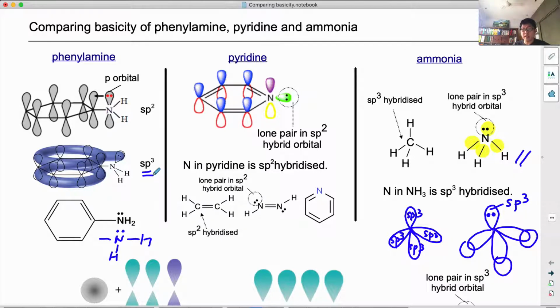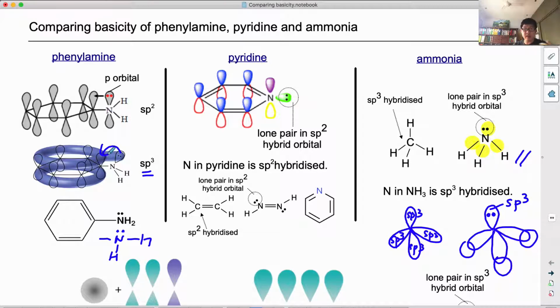In this drawing of phenylamine, you can see that the lone pair on nitrogen can delocalize into the benzene ring. But actually, because there's delocalization, this nitrogen is kind of smart: it can convert itself to an sp2 hybrid orbital.